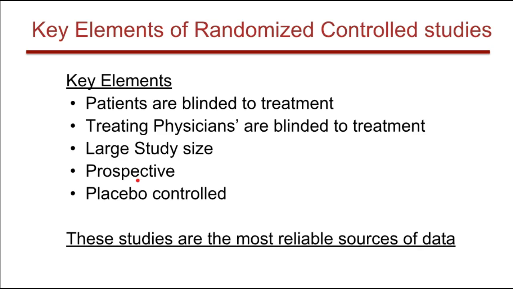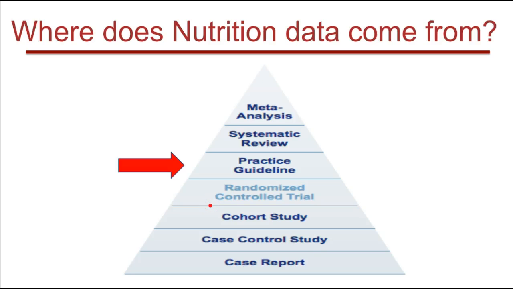The hypothesis is formed before you do the experiment. And they are typically placebo-controlled to avoid the placebo effect, where giving some kind of treatment makes people feel better just because it's being given as a placebo. These studies are very reliable sources of data in general and can generally be trusted.